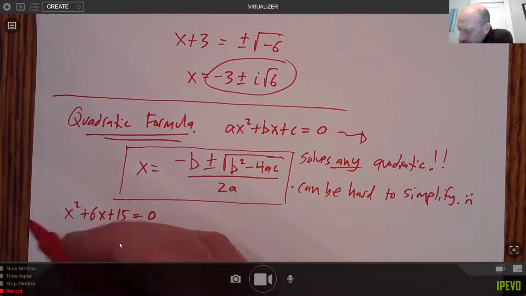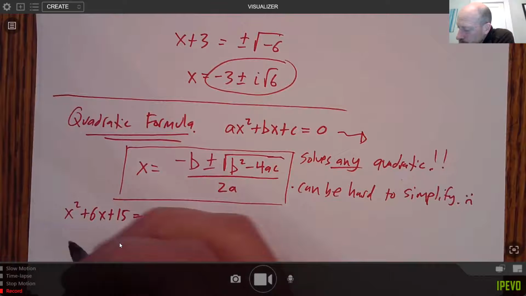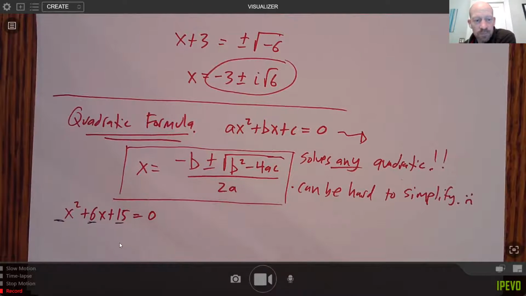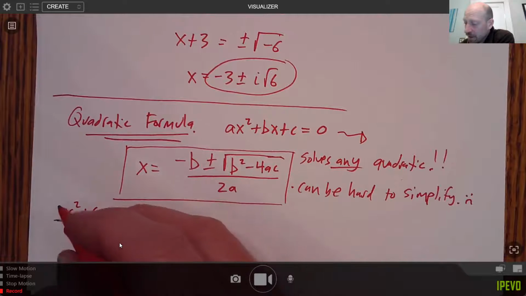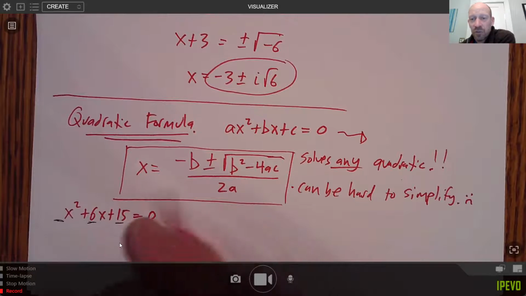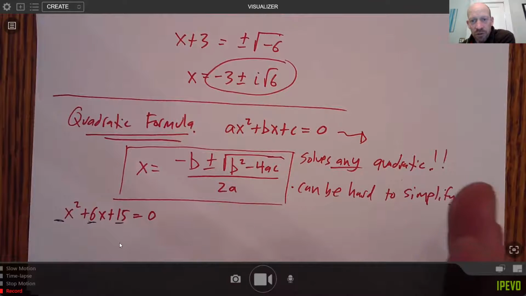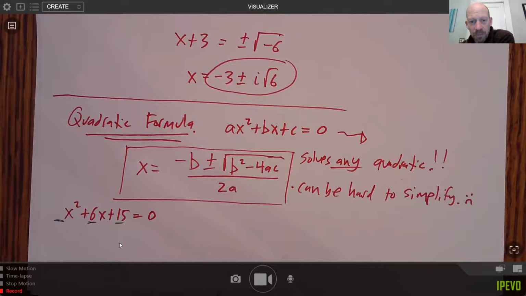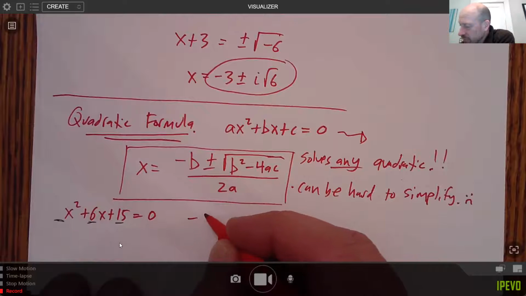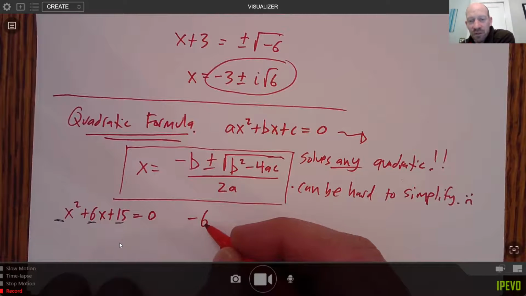So we have to figure out the a value, the b value, and the c. In this case, a is 1, and b is 6, and c is 15. Those are only numbers. We're never going to include the x's with them. So the quadratic formula says I take negative b, so the opposite of whatever b was.